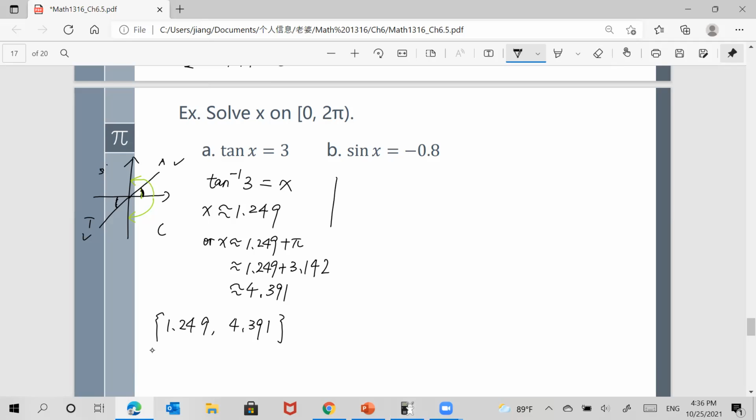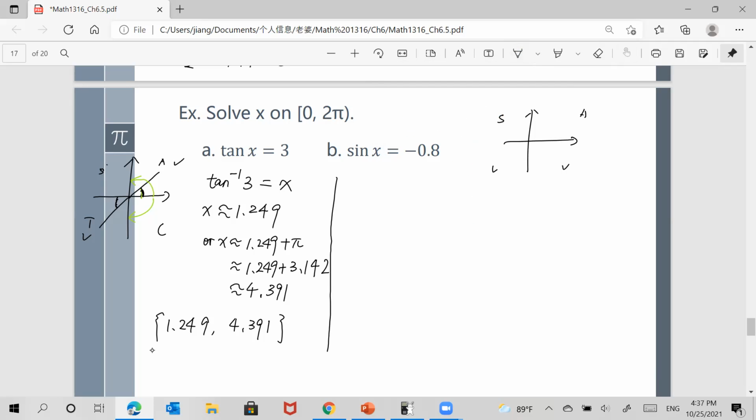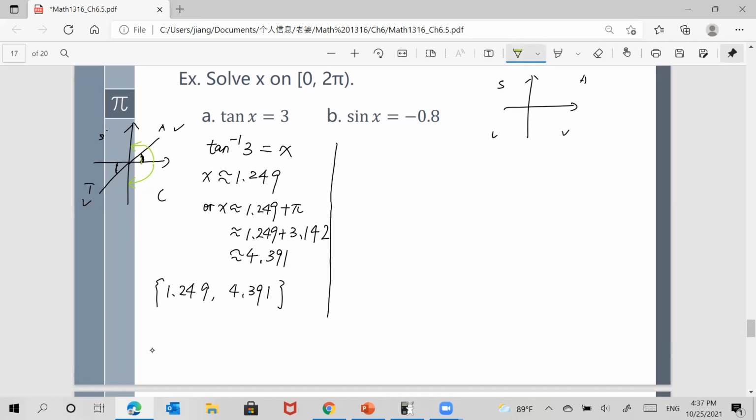This is number A. How about number B? For number B, sine is negative. Sine is negative here and here because we have learned ASTC. So it must be here or here for one full cycle, from 0 to 2 pi. And our calculator won't give us the angle here, because the inverse sine only gives values here.